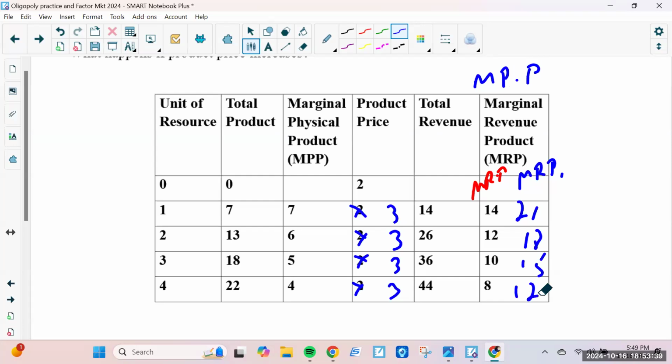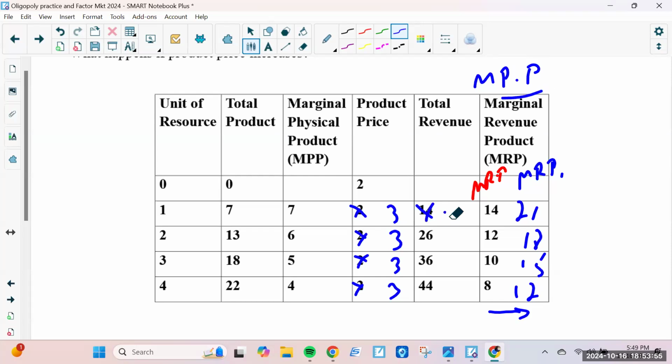Notice that the MRP shifted outward. If we were to actually graph this, the blue line would be further out than the black ones. The other way to calculate marginal revenue product is the change in total revenue.